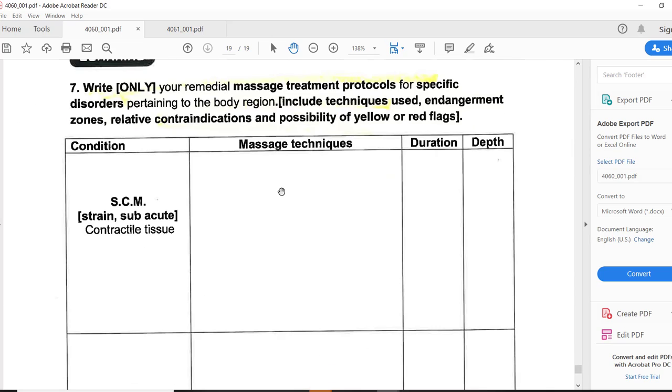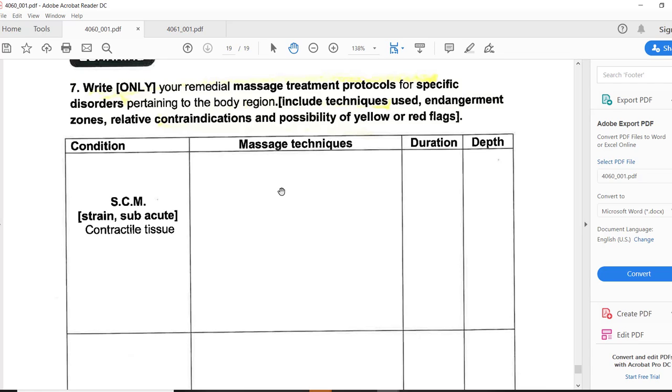Part 7, you need to identify what massage techniques, including endangerment zones and contraindications, as well as possible yellow or red flags, the duration that you would be performing treatment on this region or muscle group for, and the depth of your pressure.